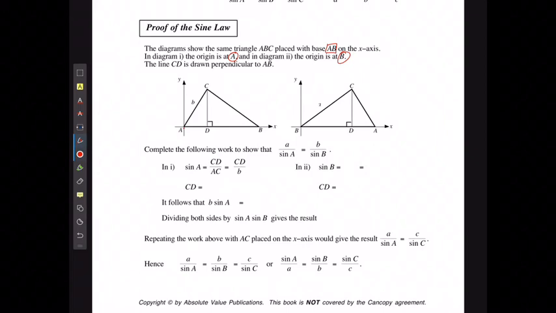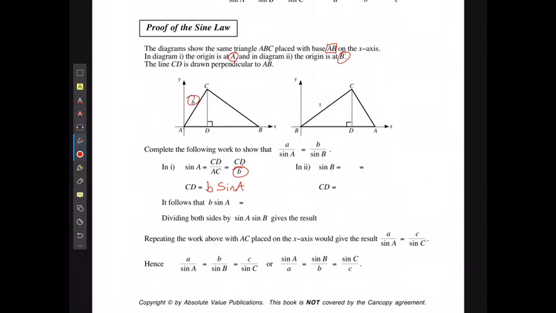So if we're completing the work for this, in example 1, if sine A is equal to CD divided by AC, which is equal to CD divided by side length b, because we've labeled this as b, then that means that CD is going to be the same as side length b multiplied by sine of A.